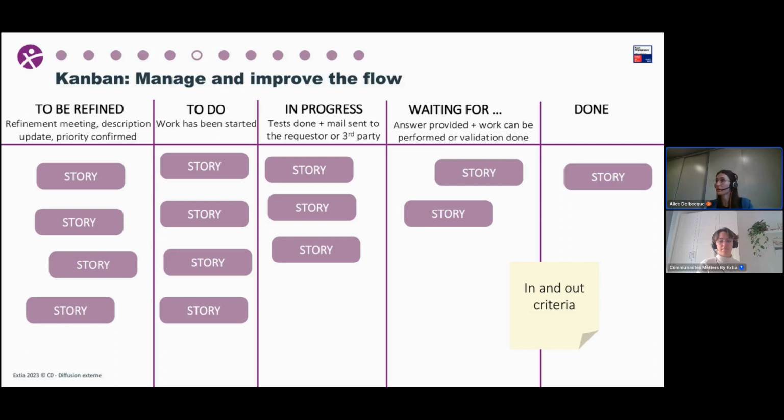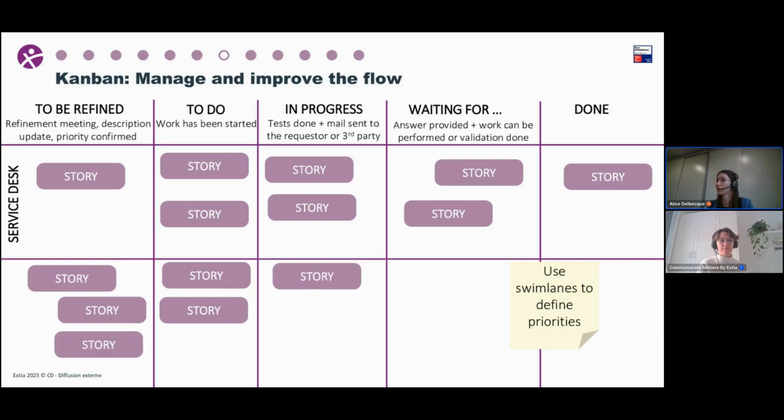The second step is to set some priority, and to do that, we can use what we call swim lanes. So for instance, here I took a real example for this workflow. This is a workflow of one of my teams, and the service desk swim lane is also one of the swim lanes of my team.